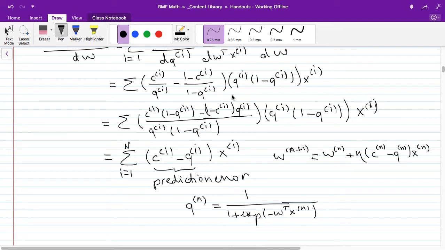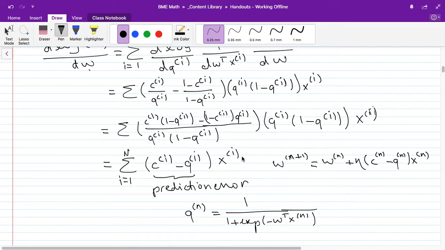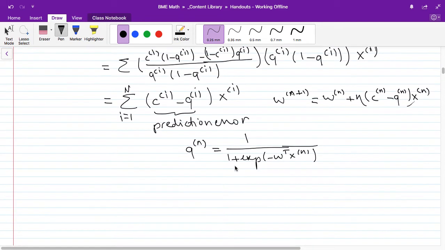So the nice thing that we got was this. The derivative of our likelihood with respect to the weight is this sum of errors. It's like a batch learning error, and this is like an approximation of this batch learning rule. So we can take another step and get a little closer to a better solution, and that we can do using Newton-Raphson.